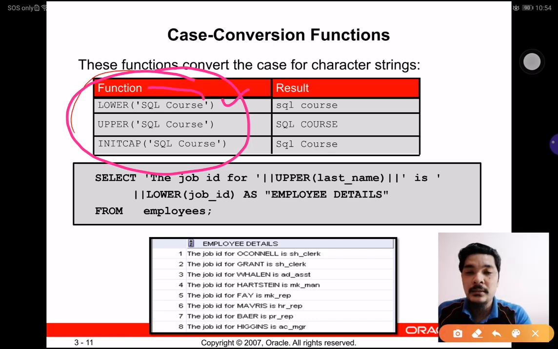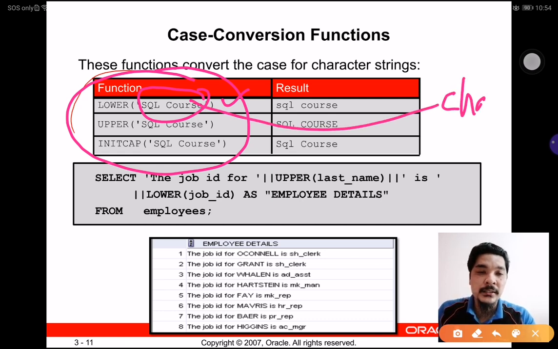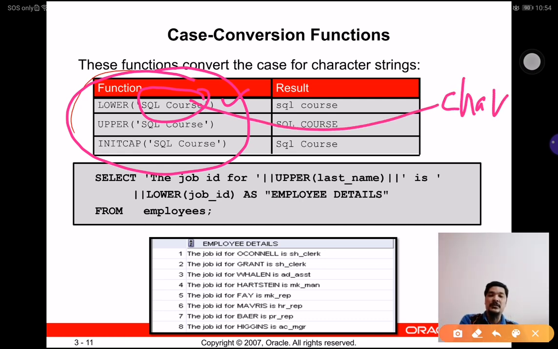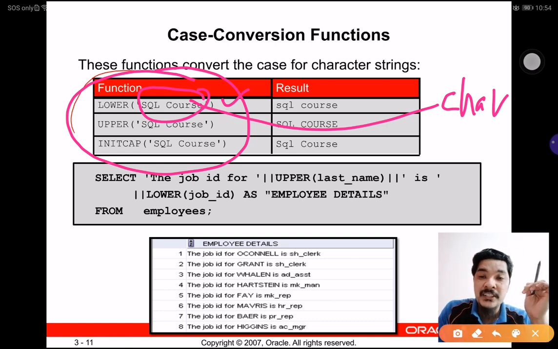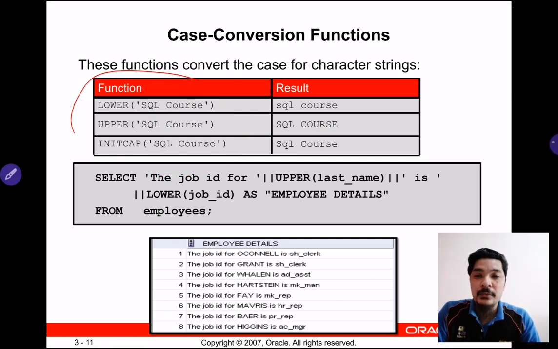This is our character string. In this function, SQL Course is written with S, Q and L in upper letters, or capital letters, C capital, and the rest small letters, OURSE.